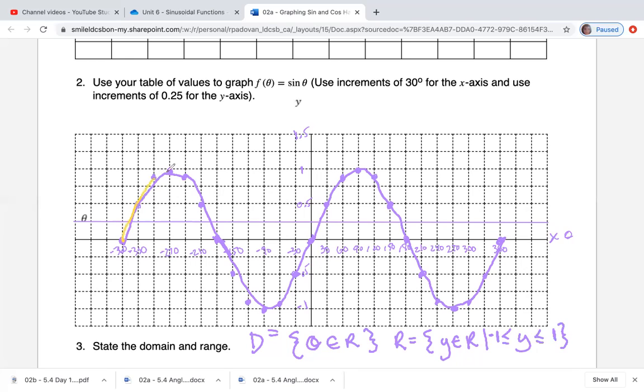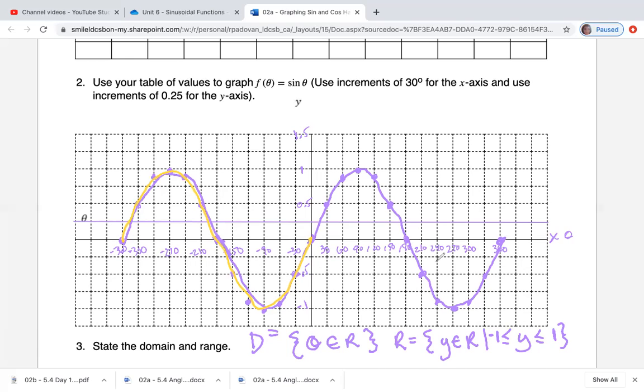One cycle would be up to the peak, down to the trough, and back again. And now it would repeat itself, exactly the same. If you took a piece of paper here, cut this piece off, and put this part of the graph on top of this part of the graph where you can see through the paper, they would be directly on top of each other. So that is one cycle of the sine of theta graph.